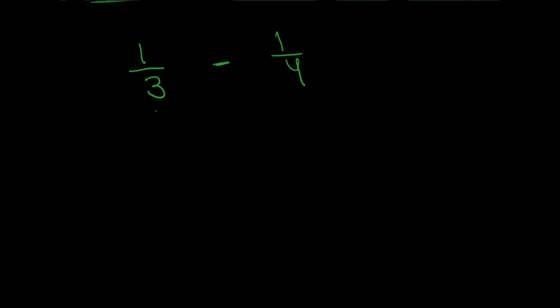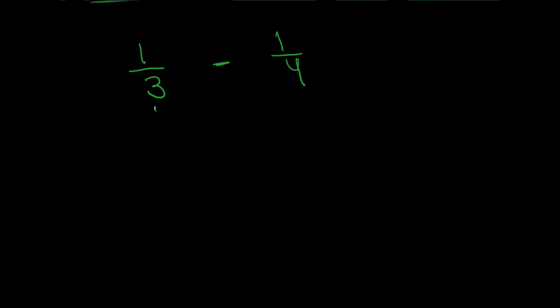Now, subtracting fractions with different denominators is mostly the same thing as adding fractions with different denominators. So let's look at an example. We're going to use the 1/4 and the 1/3 example again, but instead of adding them, we're going to be subtracting 1/4 from 1/3. Now, first we have to convert them both so they both have the same denominator. And how are we going to do that?